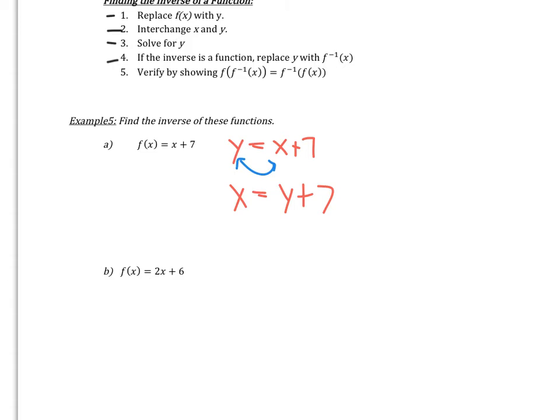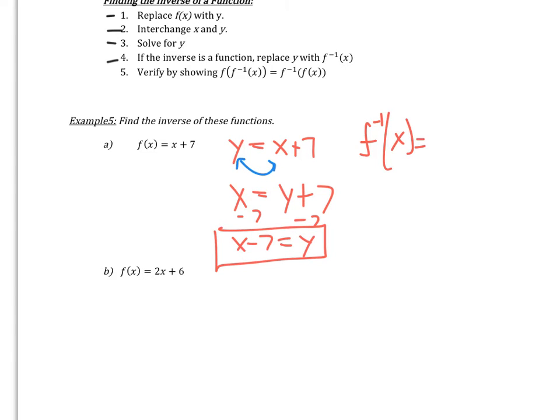And now we want to solve for y by subtracting 7 from both sides. And we get x minus 7 equals y. All right? So there's our function right there. And that's pretty logical. What's the opposite of adding 7? Subtracting 7. Okay? So this is the inverse. And so we can say the inverse of f is x minus 7.